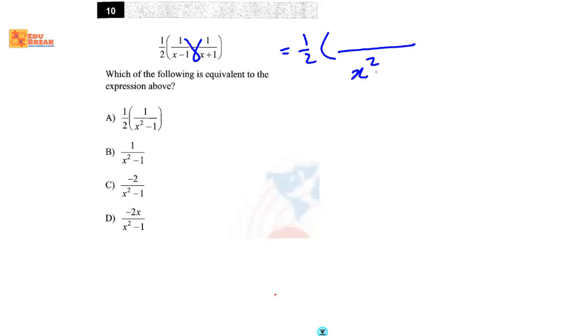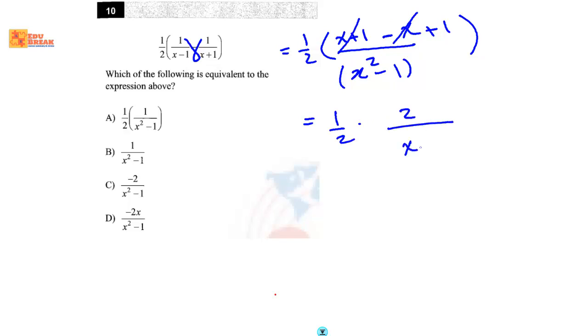It means x squared minus 1, and we have in the numerator 1 times x plus 1 minus x plus 1, so it will be half, cancel negative x and x, 1 plus 1 equals 2 over x squared minus 1, cancel, so we have 1 over x squared minus 1, so the answer is B.